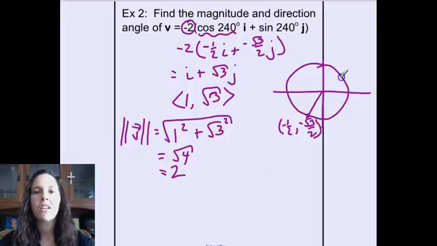To find the direction angle, we need to know where this vector is heading. Because of that scalar multiple of -2, it is not heading in a 240-degree direction like it might initially seem because of those angles being put in for the sine and cosine. Ours is in the first quadrant, heading towards 1, square root of 3.